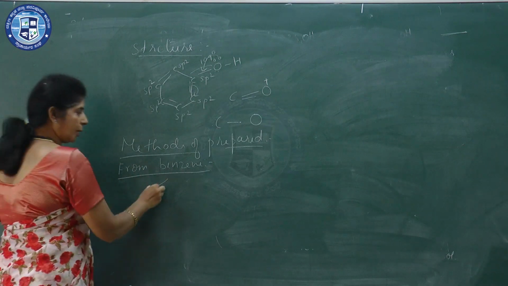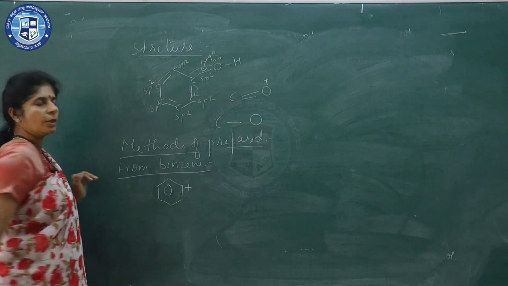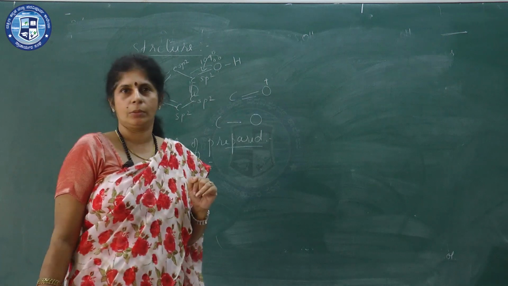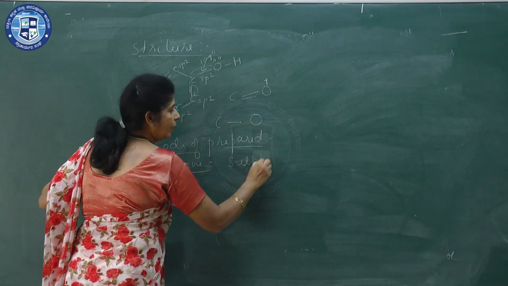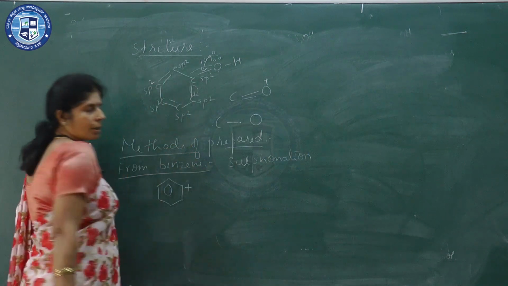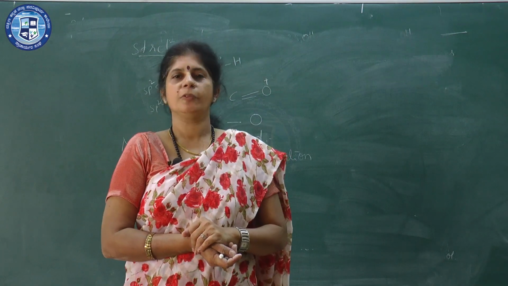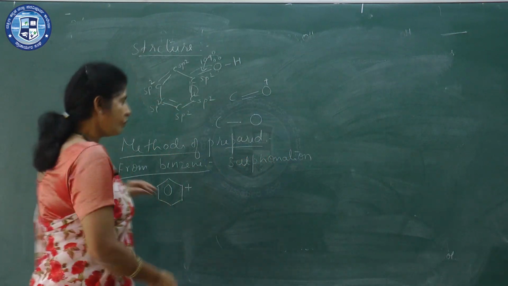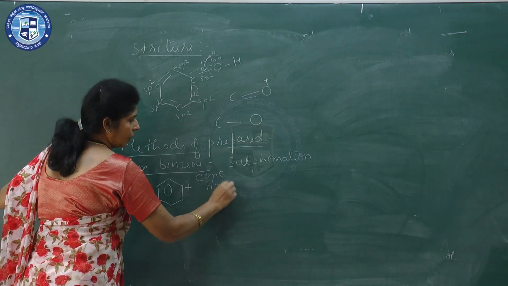Simple explanation: benzene is subjected to sulfonation, so the method involves sulfonation. Sulfonation means benzene heated with concentrated sulfuric acid or fuming sulfuric acid. It is strongly heated, right?